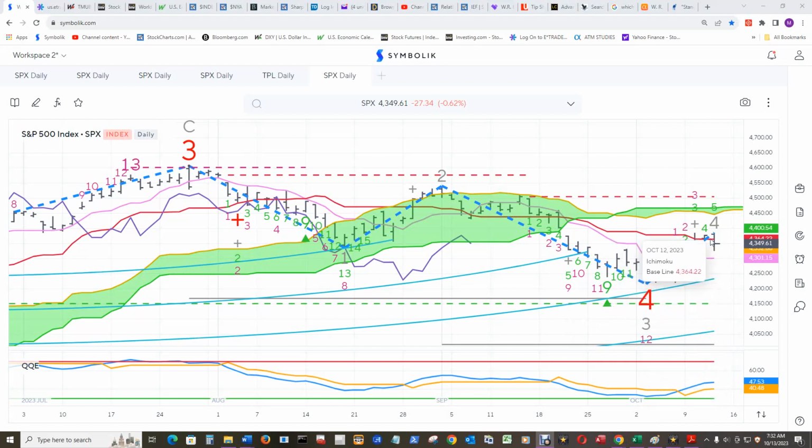However, if there's a series of lower highs, and for that matter lower lows, but mainly lower highs, there will be another swing point at this D wave down wave 4 where it printed, and that will for sure indicate that we're in a down wave.